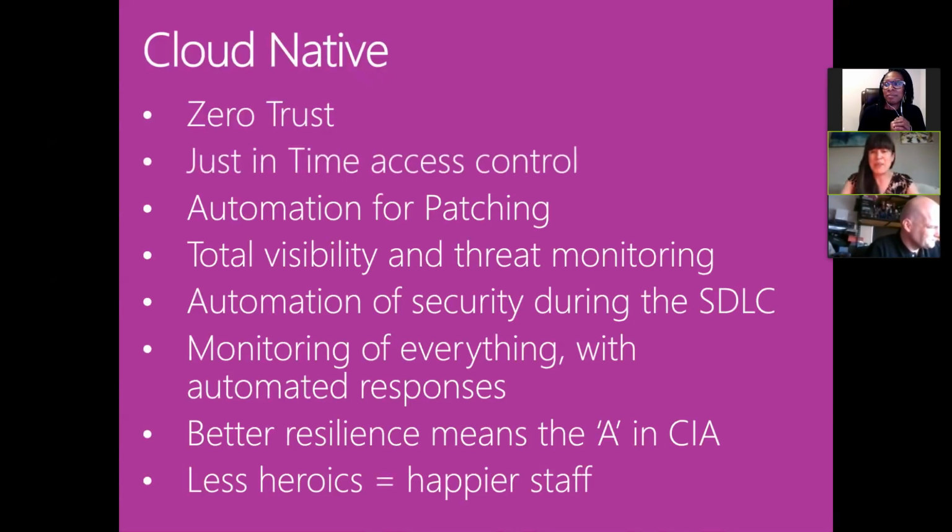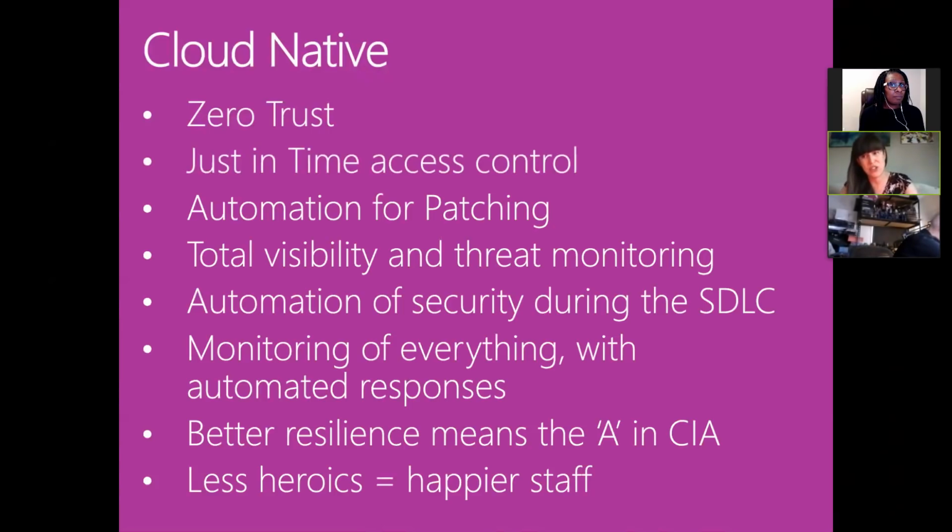The last one I'm going to say on here is because we can automate so many things with cloud native tools, once you have it set up, this means fewer incidents. So for instance, if you've seen a pattern before, you can write a playbook so it automatically responds to that, which means instead of me getting a phone call in the middle of the night and having to come in, I get an email in the morning because the playbook ran and it worked.